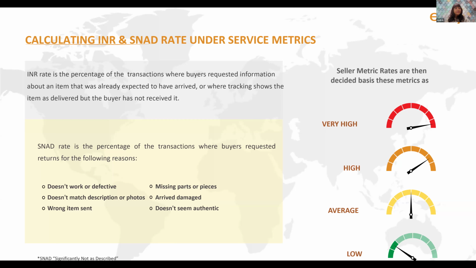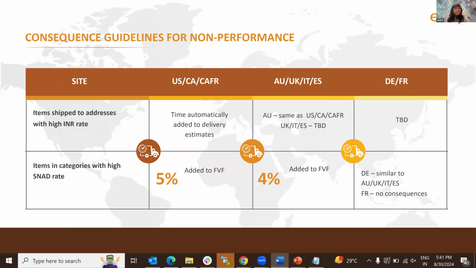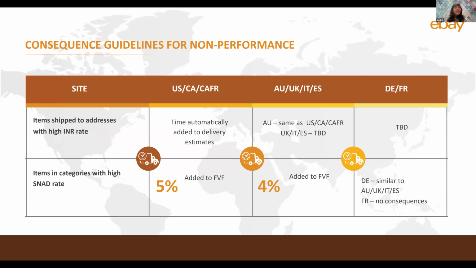Not meeting the service metrics in comparison to your peers can put you at a high risk of getting consequences for non performance, such as the consequence guidelines for items listed in categories that have been assessed as very high. For item not received rate, eBay will automatically add to the delivery estimates.